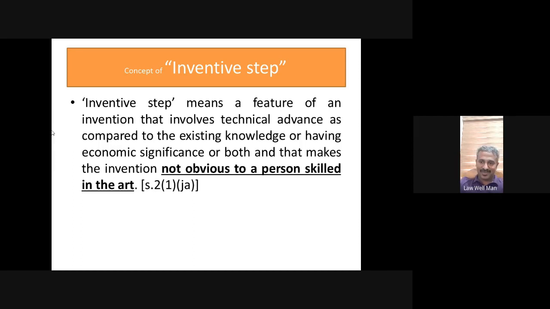Likewise, most of the important concepts are considered by the patent office and the courts from the point of view of the person who is skilled in the art, the person who has knowledge about the present state of the art, the prior art, the existing art in that particular area.